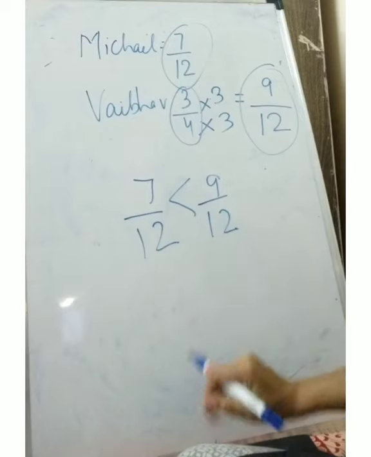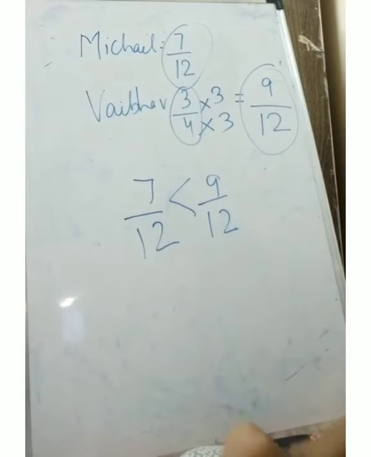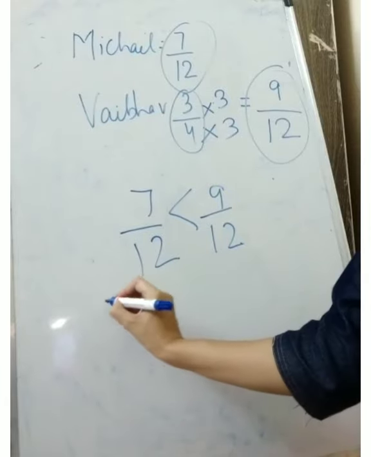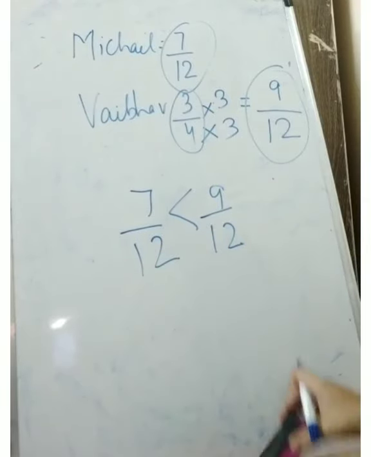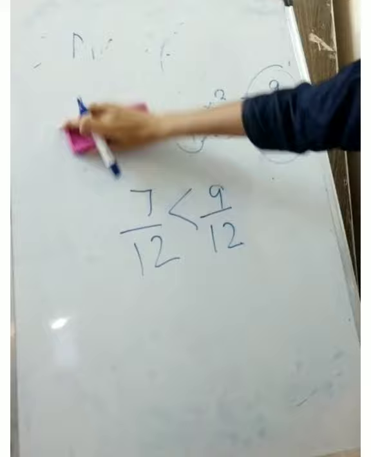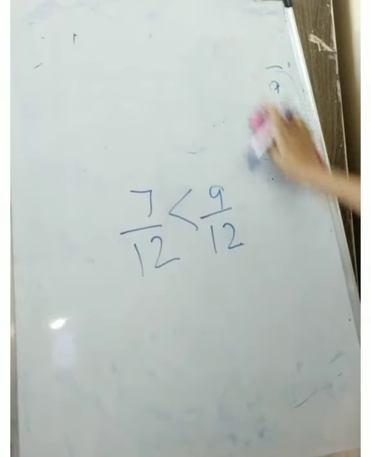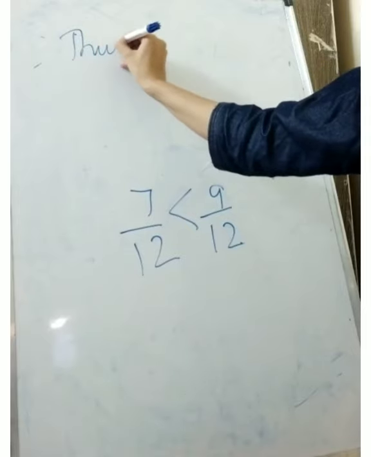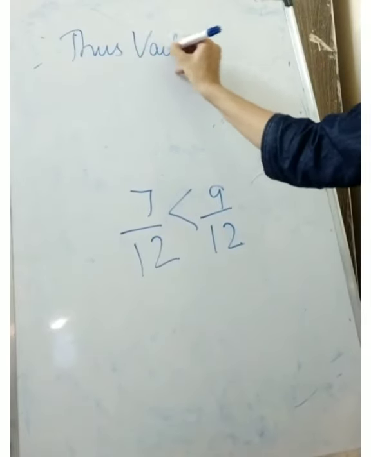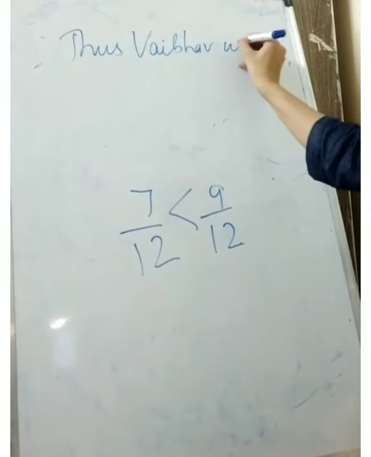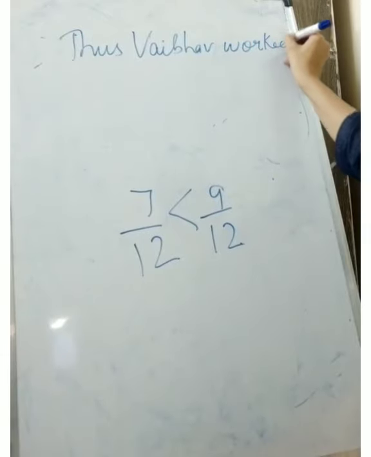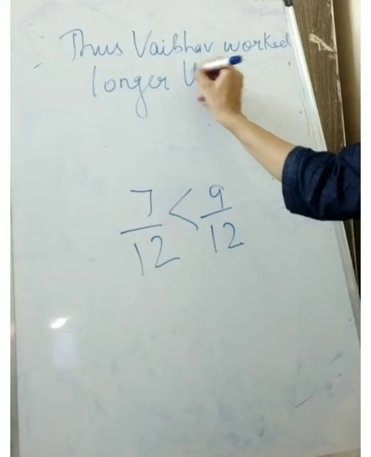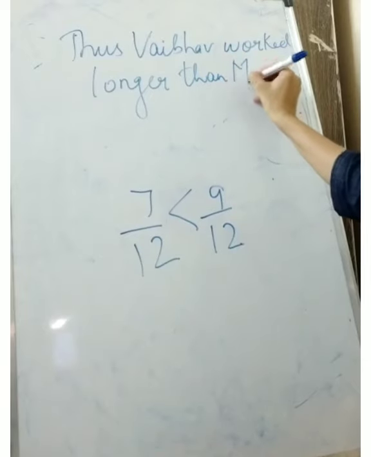Now we have to find out the difference also. So what are we going to do next? We need to subtract. I will write over here: Thus, Vaibhav worked longer than Michael.